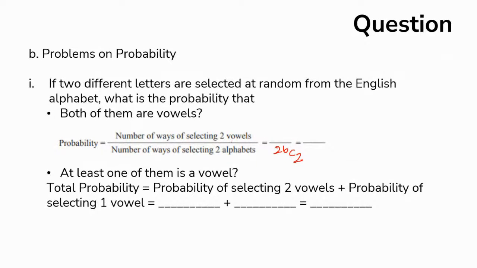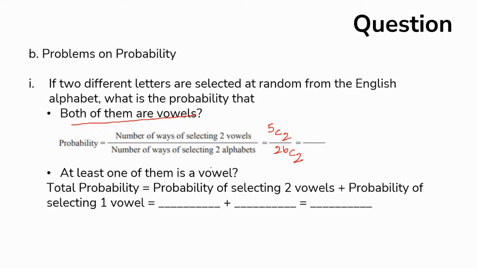In the numerator, we need the number of ways of selecting two alphabets such that both of them are vowels. Out of five vowels, the possibility of getting two vowels is 5C2. So the answer is 5C2 divided by 26C2.